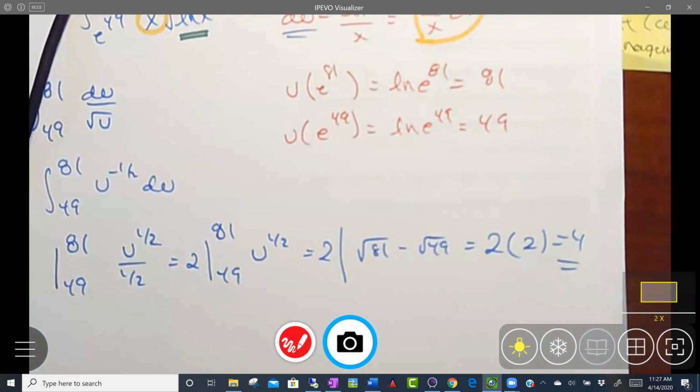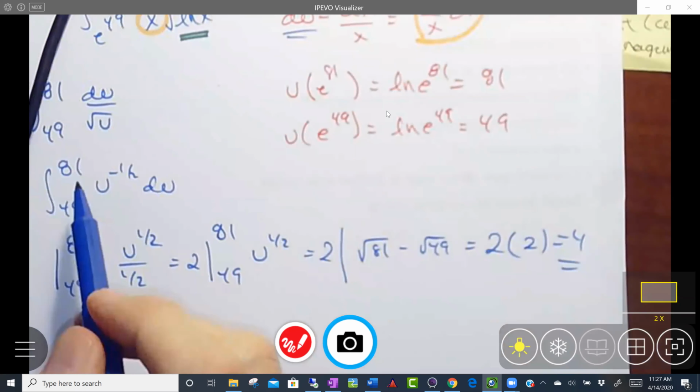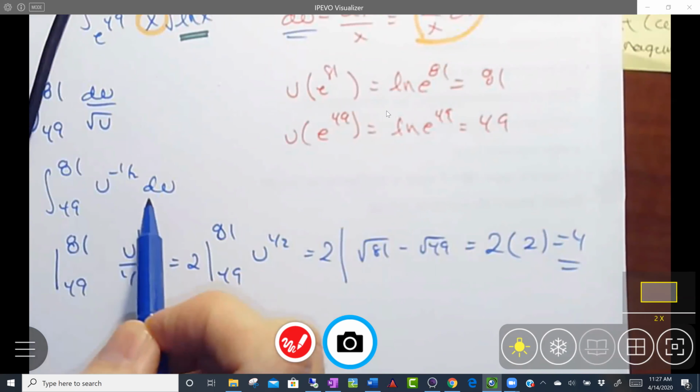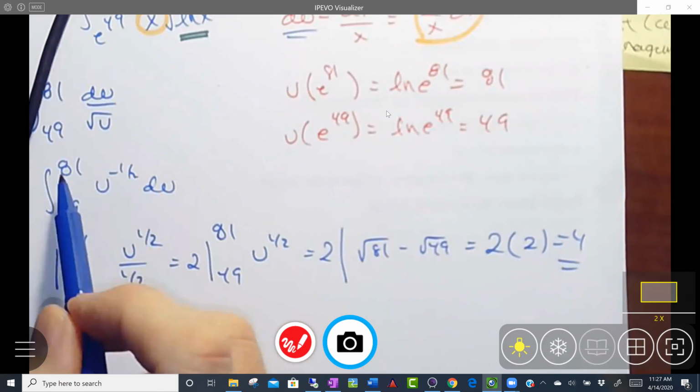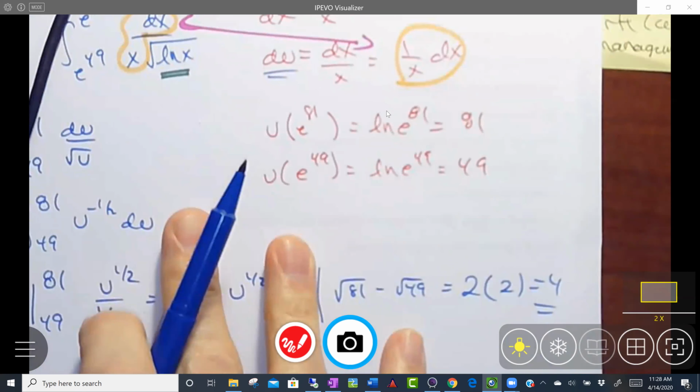Not bad. I strongly suggest that when you're doing these things, you do your u-substitutions like I do. There are other ways, but if you're not going to change the limits, then technically up here you should have an a and a b, because the limits in the integral in u wouldn't be the e to the 49th and e to the 81st that you started out with.